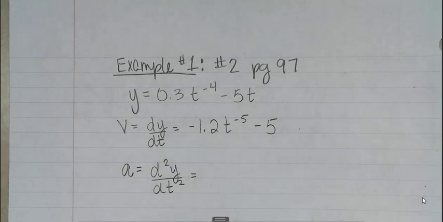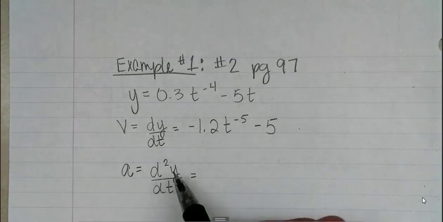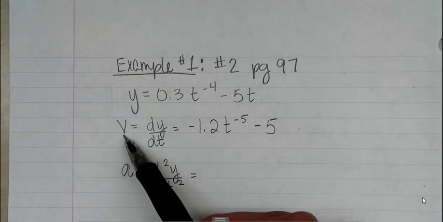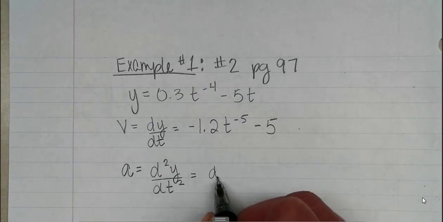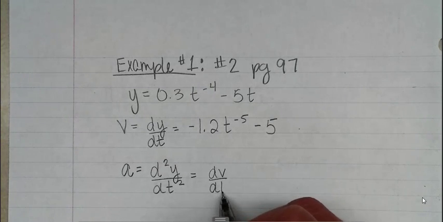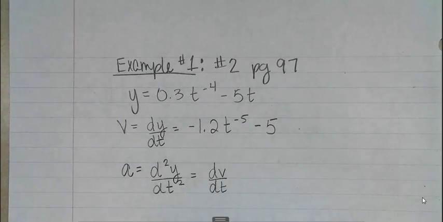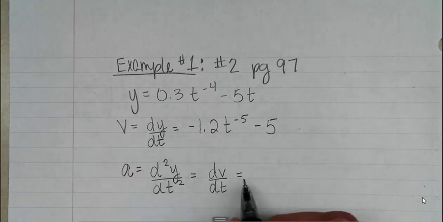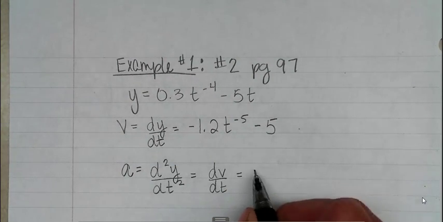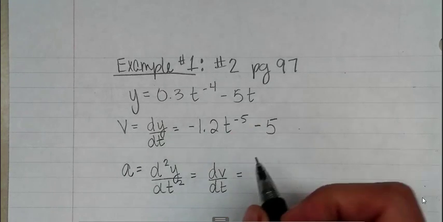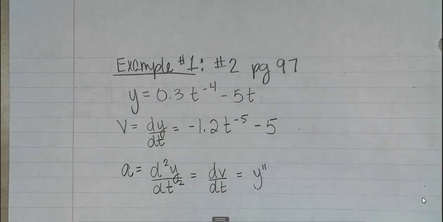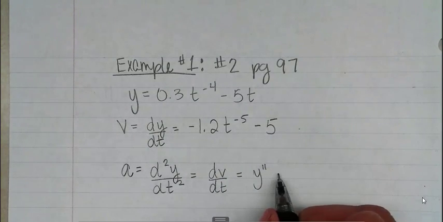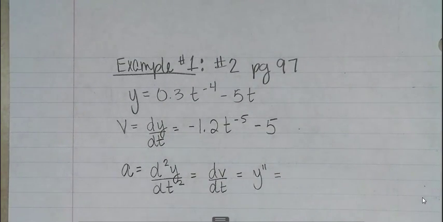Or another way that you might see that, I could say, let me take the derivative of velocity with respect to time. These are d's, by the way. These are all equivalent. You do not have to write these each time, but I'm just giving you some different ways that you might see it. Because another way was, I originally started with y, and now I want y double prime, or the second derivative. Okay, so let's actually do that.